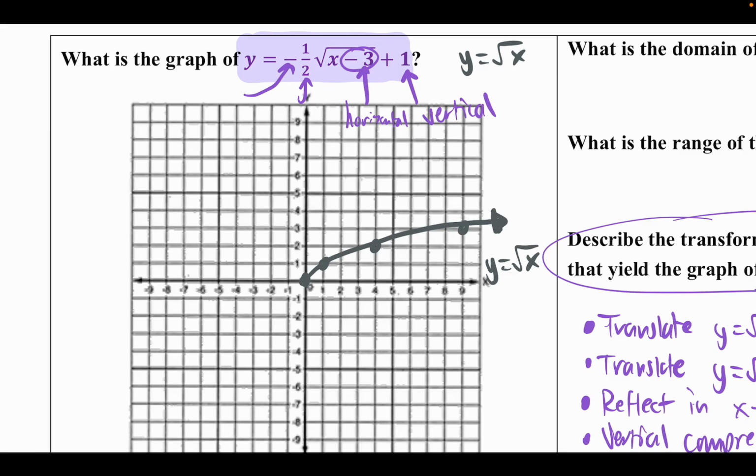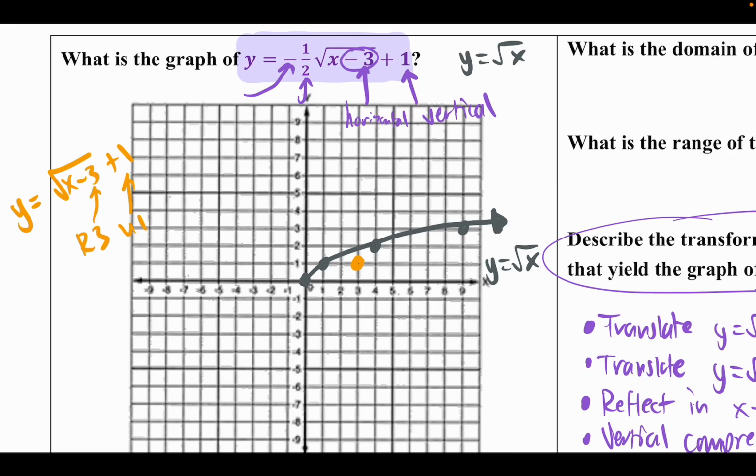Beautiful. All right, so what I'm going to graph next, and I'm going to pick a different color for this, how about orange, is y equals the square root of x minus 3, and then plus 1. So I'm incorporating that -3 inside of the root and then the plus 1, but I'm going to ignore the negative and the half for right now. Because what's going to happen is this should move the graph to the right 3 as well as up 1. So I'm going to take this endpoint right here and move it right 3 and up 1, which moves it to that point right there, which would be the endpoint.